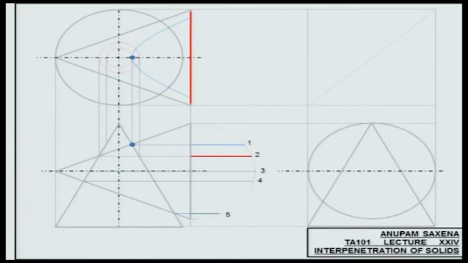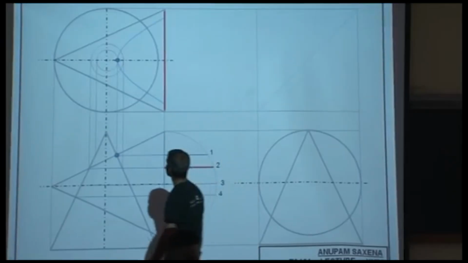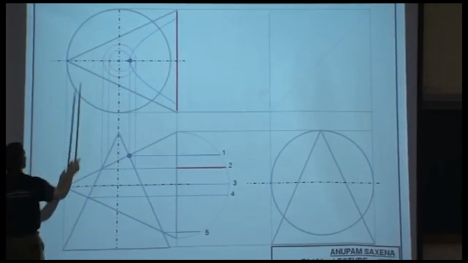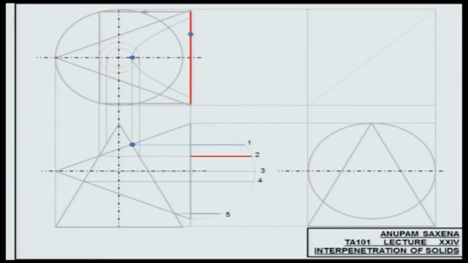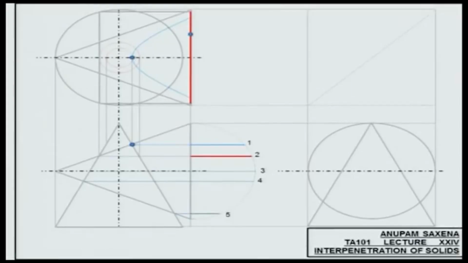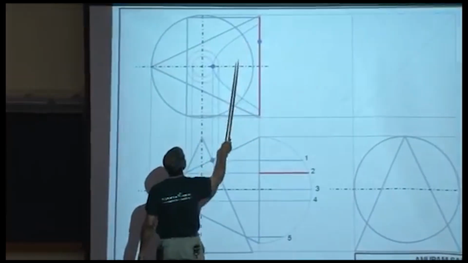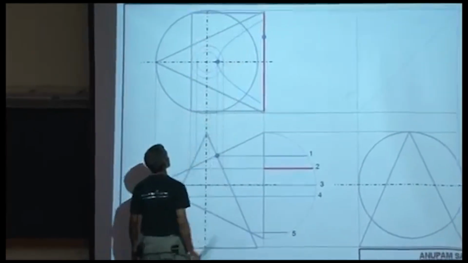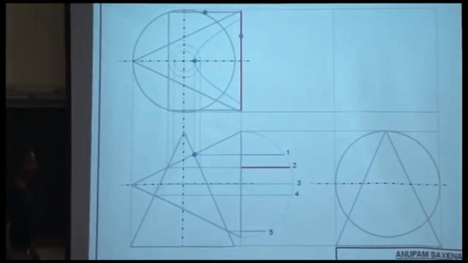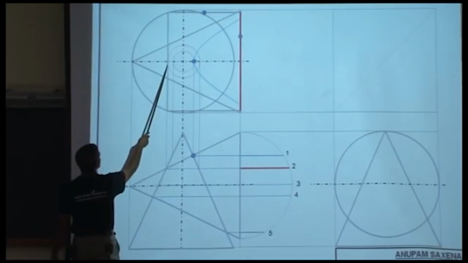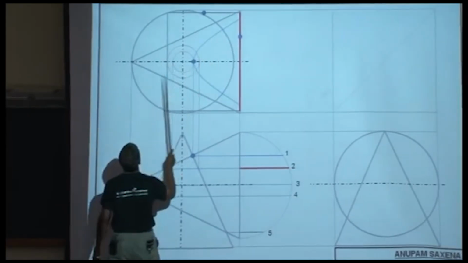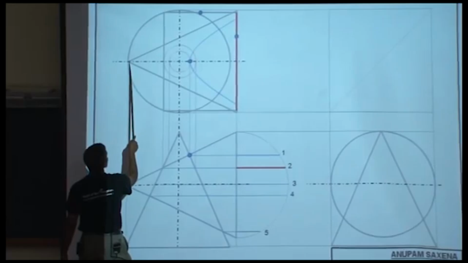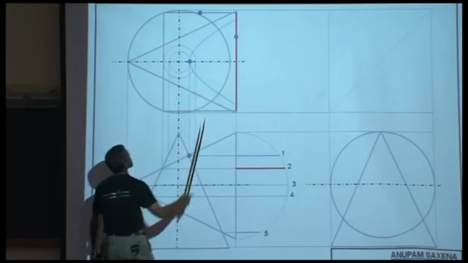Once I know that, and once I know that the apex or the vertex of the hyperbola is going to be lying over here, I can draw a box. Once I draw a box, I would divide this edge of the box into an equal number of parts and this edge of the box into an equal number of parts. Okay? Now from this point, I'm going to be joining all the points on this edge, and from this point, the apex of the cone, I'm going to be joining all these points. Alright?